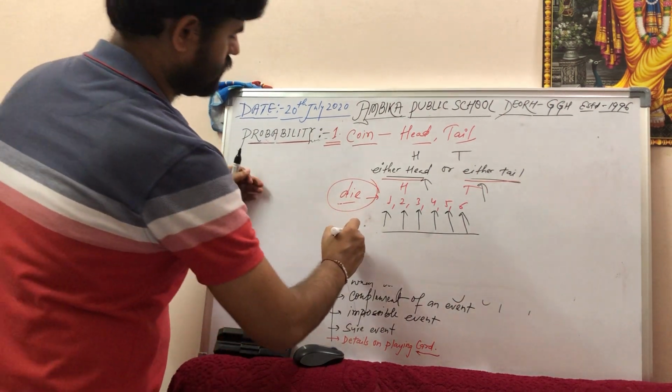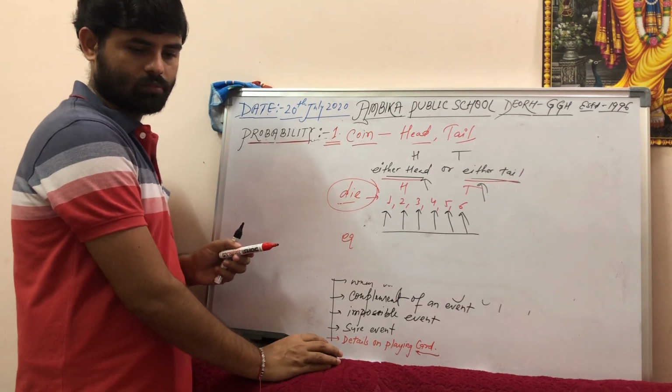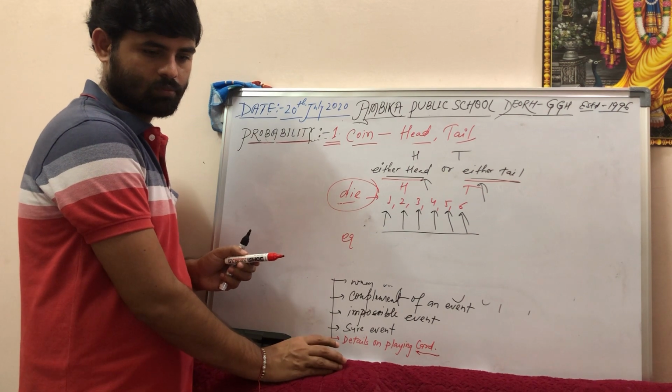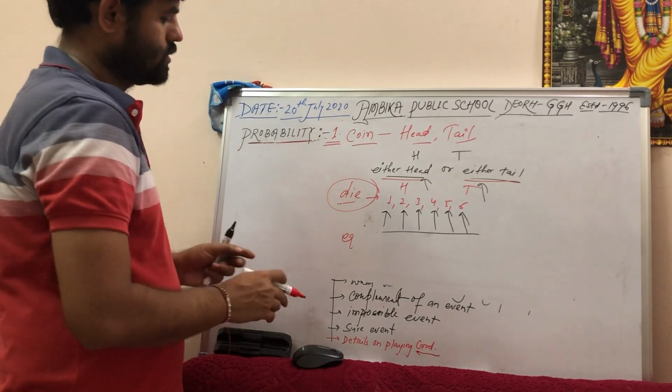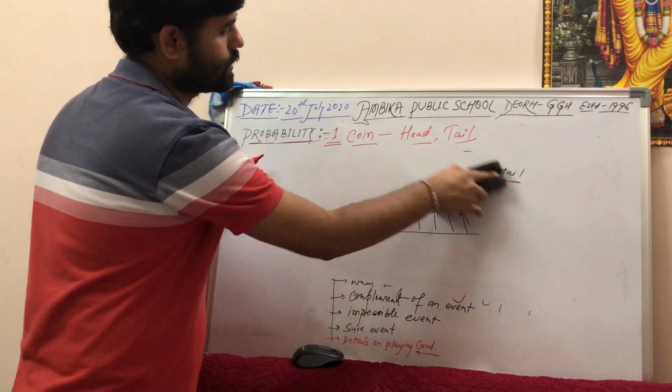You can write it down. So you can write a definition of equally likely. This is the example, I am giving the definition. You can write it down.